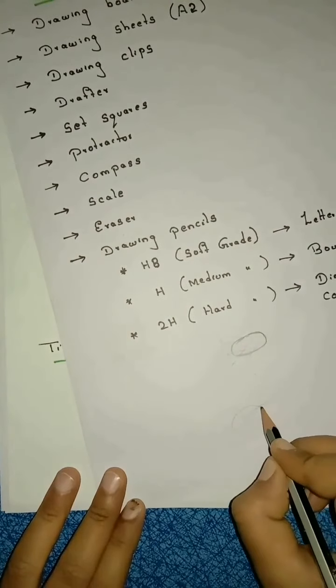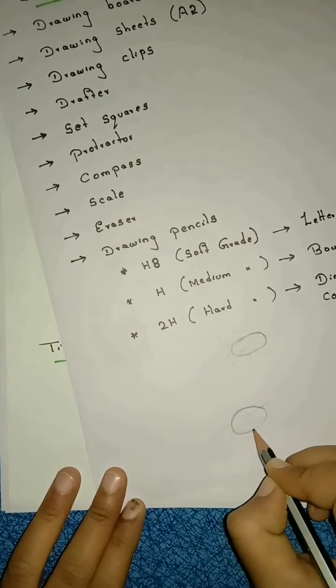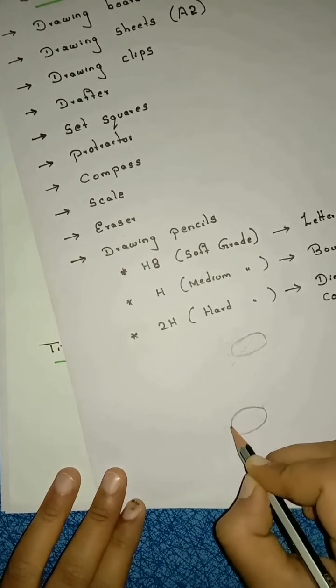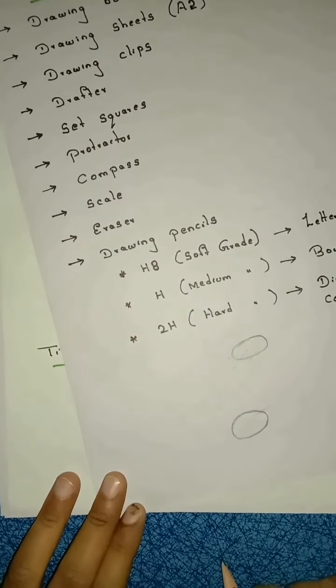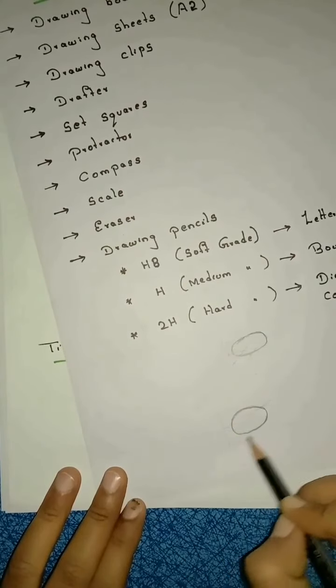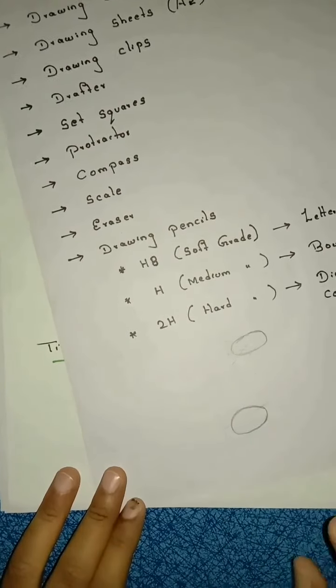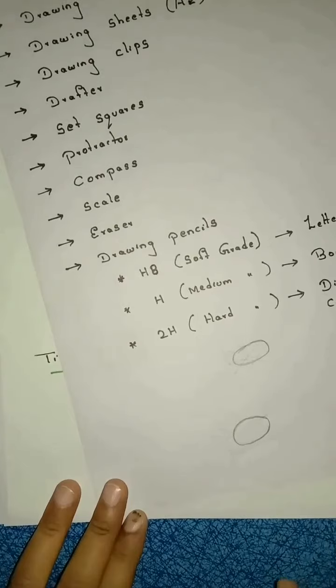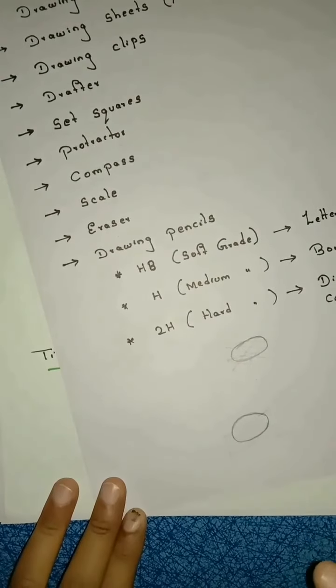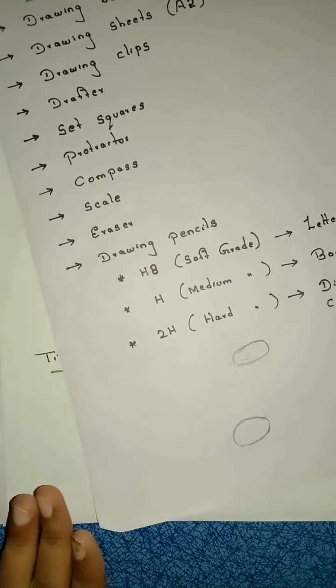After that, only this ellipse should be drawn dark, because the output is the ellipse, and all these constructional lines should be very light, right? Now you see here, we are not simply drawing anything.